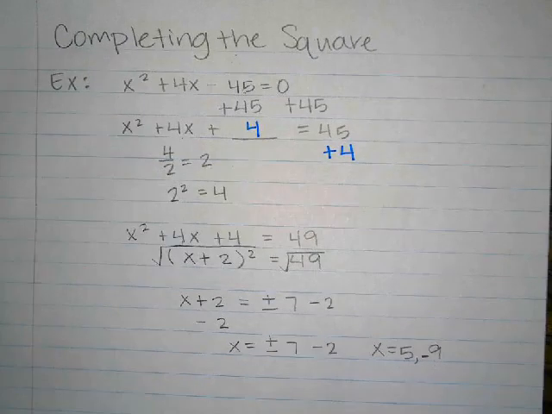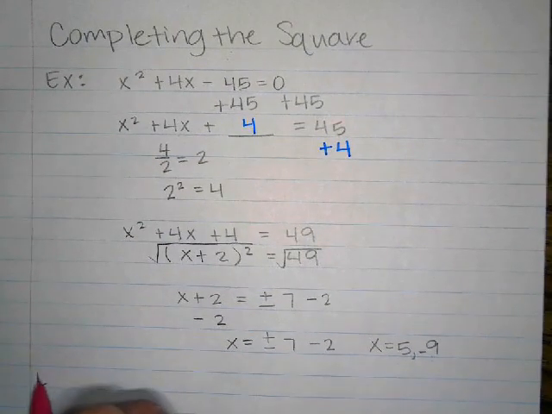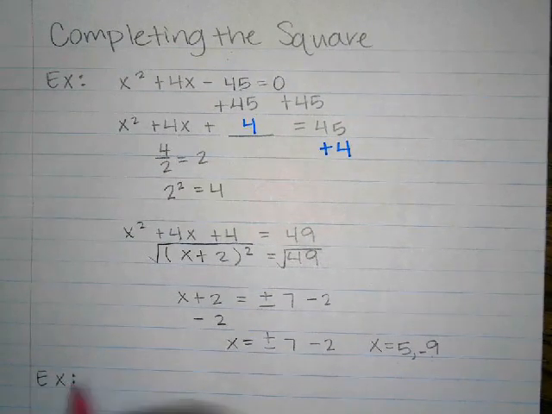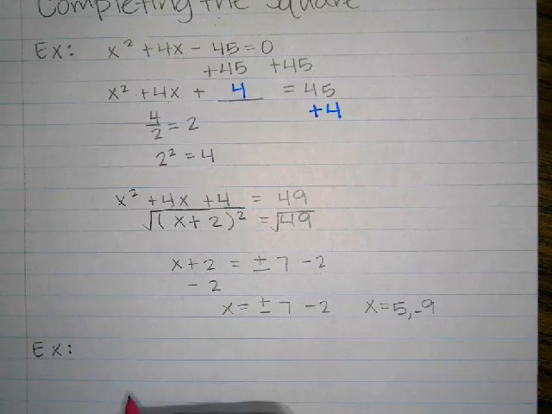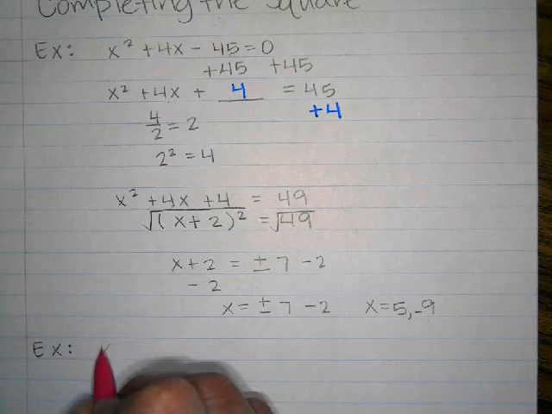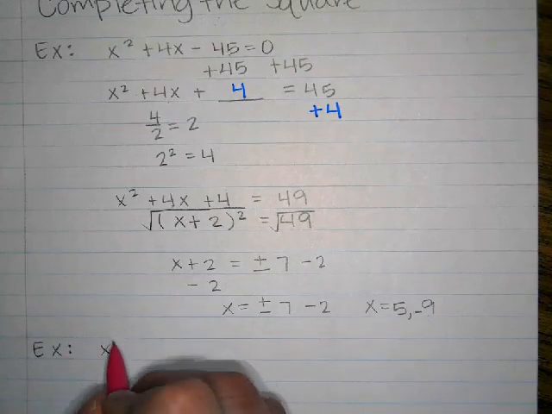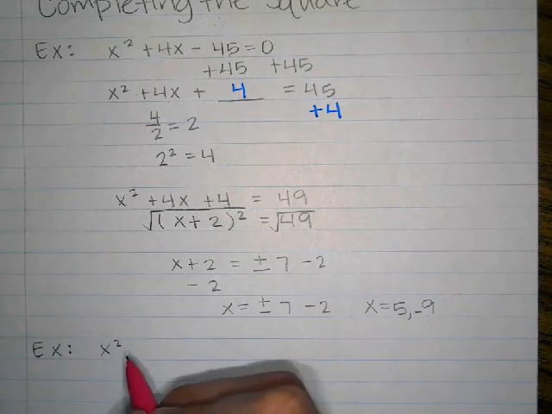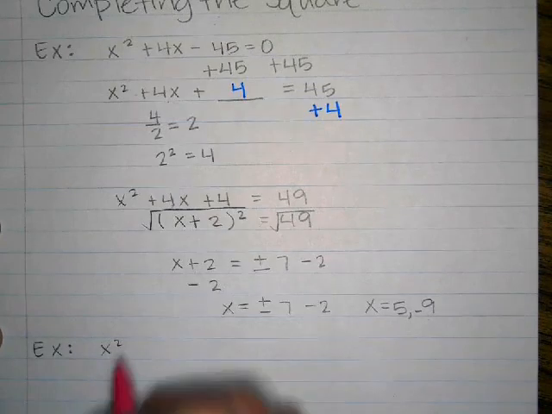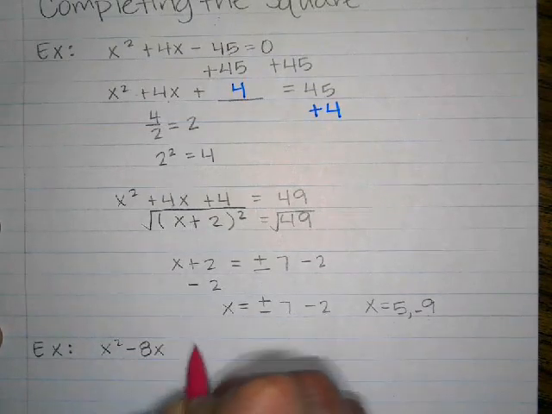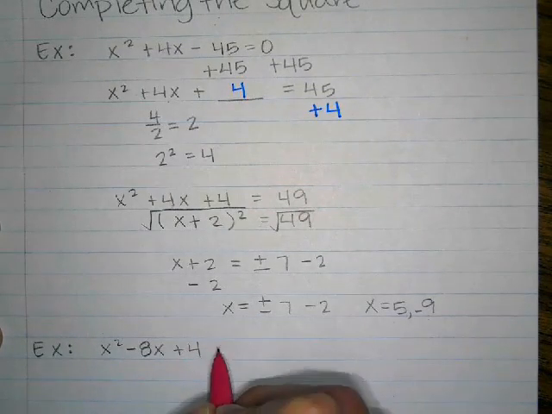All right. Let's try another one. x squared minus 8x plus 4 equals 0.